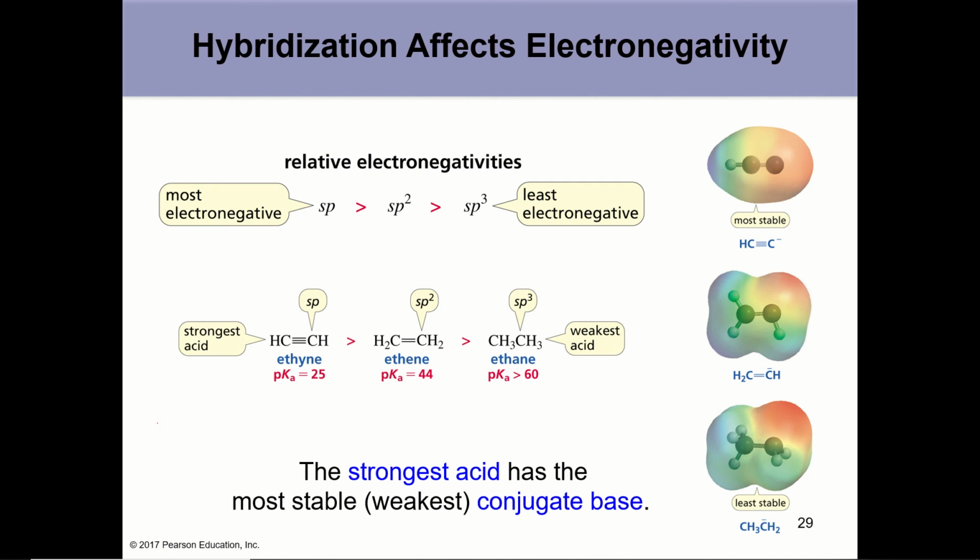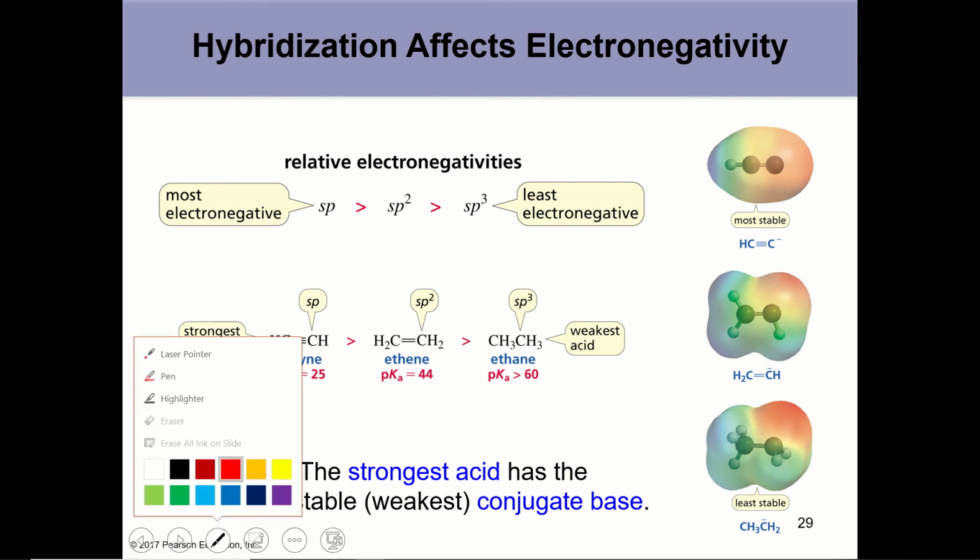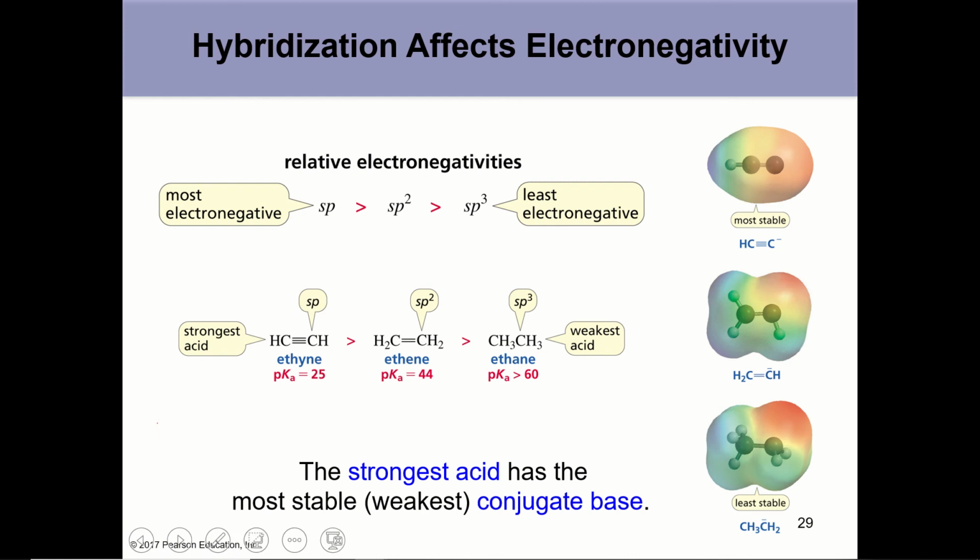So for sp, there are 2 orbitals in total, and one of them is s. So we can write this as 1s out of 2 total, and that is 50%. sp2, we have 1s out of 3 total orbitals, and that is 33%.